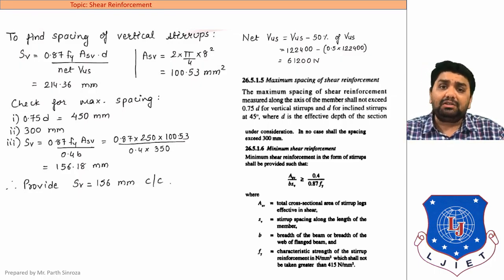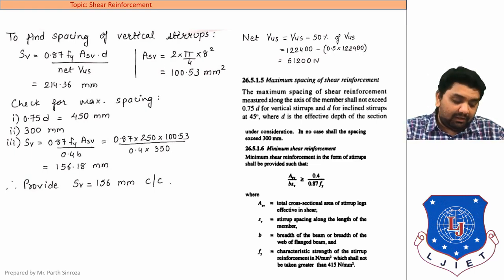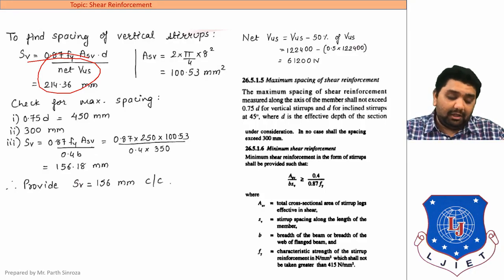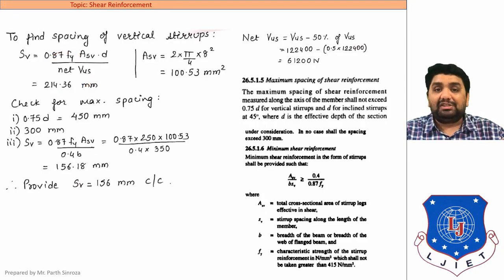If it is not less than 0.5 VUS, then VUS1 will always be taken as 0.5 VUS irrespective of what value comes from equation C. Clear? We won't be taking the equation C value, we will be taking it as 0.5 VUS. And then we'll be calculating the net VUS, and in this equation we'll be substituting the net VUS. This was the change regarding the normal sum.